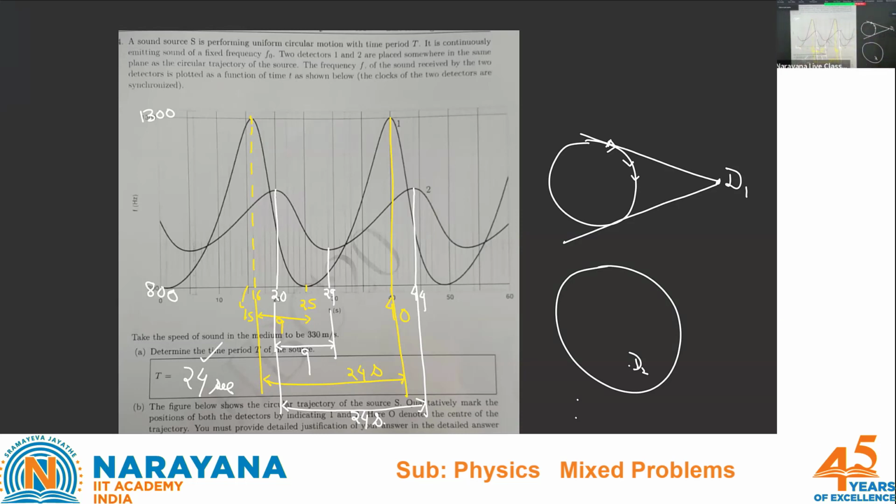The other one's max and min is different. This information in itself is sufficient to judge. How come? Let me try to write the expression of F max and F min for the person who's outside and the person who's inside. So just keep this page as such. I'll come back to it. Let me try to derive a result first.